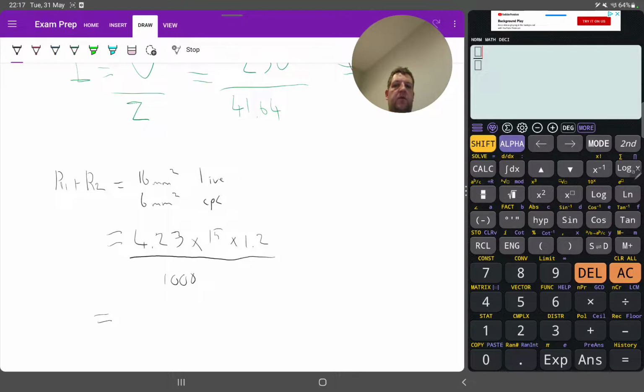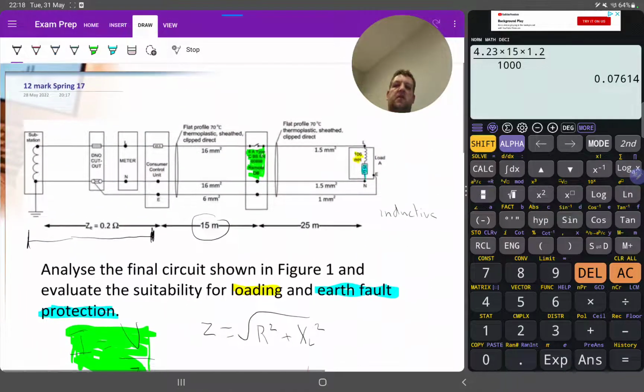So a fraction symbol, 4.23 times by 15 meters times 1.2 our correction factor, divide the answer by 1000. And it's 0.076 ohms. So my R1 and R2 for this part of the circuit is 0.076 ohms. So that's for this bit here.